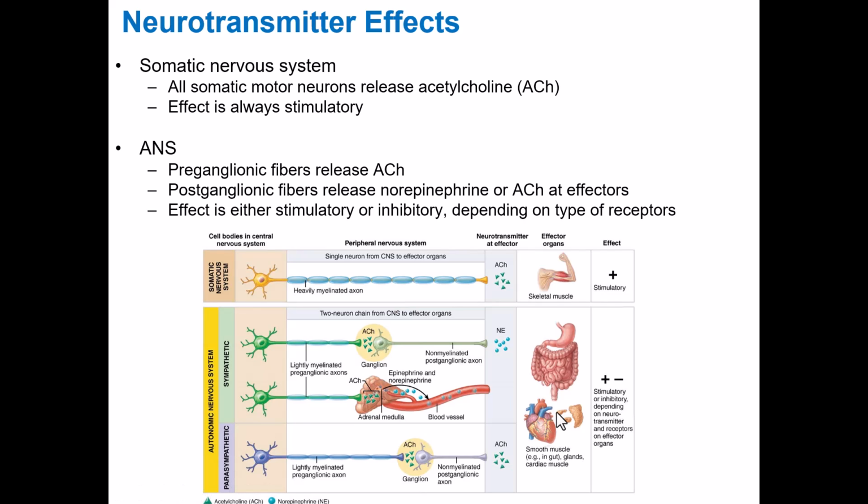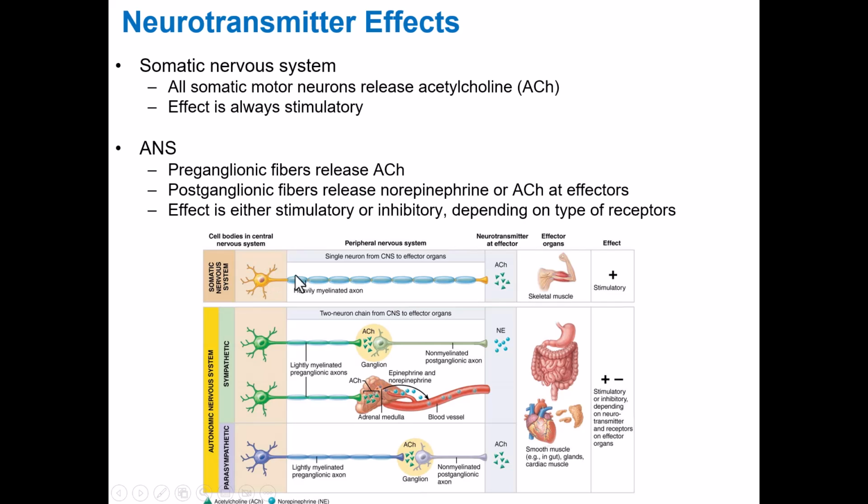In order for a neuron to send a signal to something else, whether it's another neuron or an effector, you need a neurotransmitter to do that. We've already seen this when we were talking about the events at the neuromuscular junction during muscle contraction. So that would be our example of what's going on in the somatic nervous system.